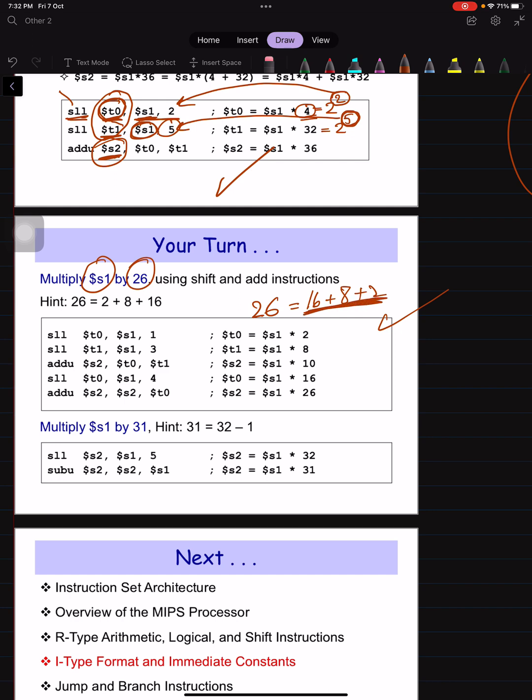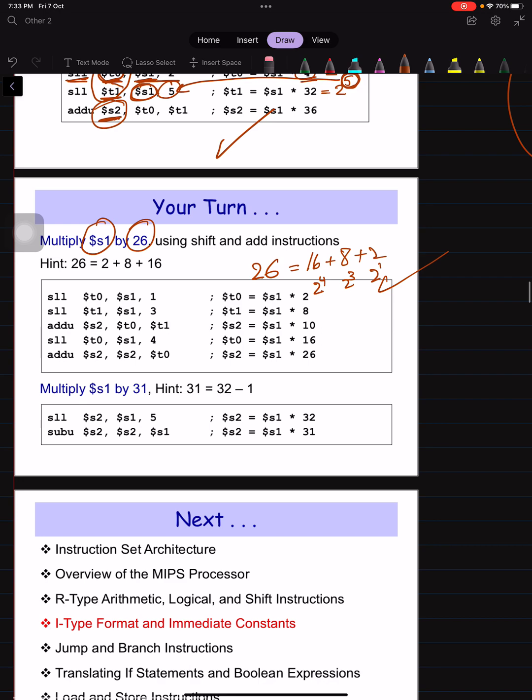Because we want to have something that is a power of 2. 16 is actually 2 to the power of 4, 8 is actually 2 to the power of 3, and 2 is actually 2 to the power of 1. That's why we took all of this. Then we just go ahead and solve our problem.